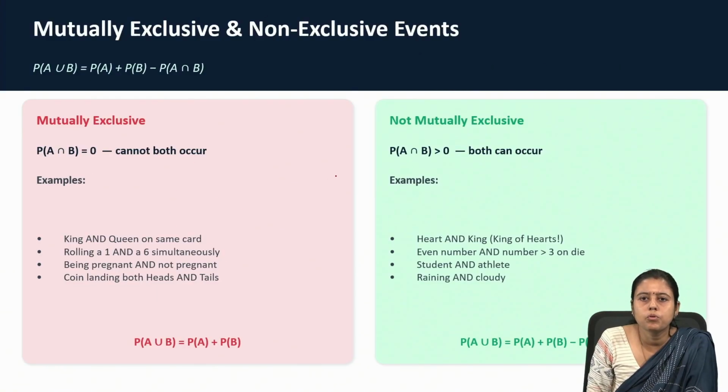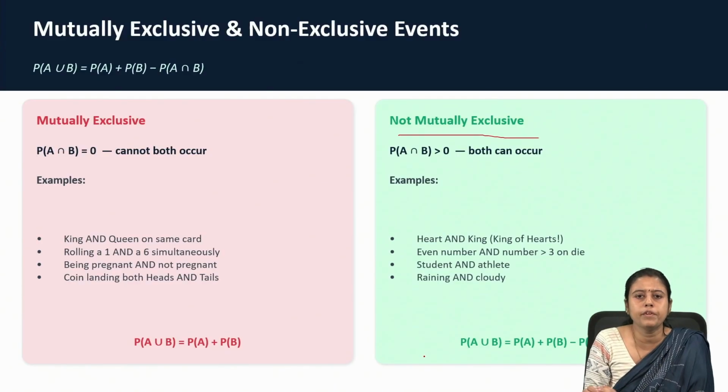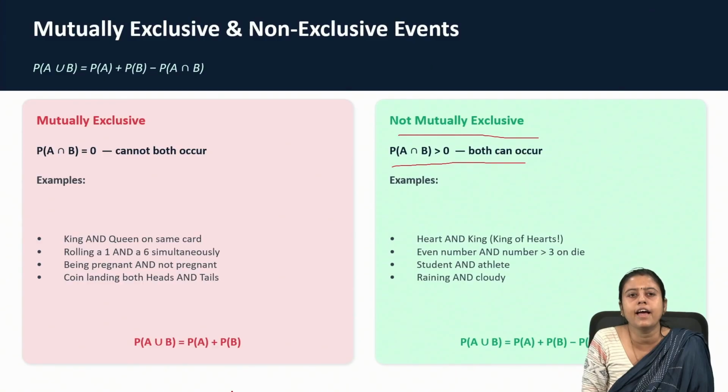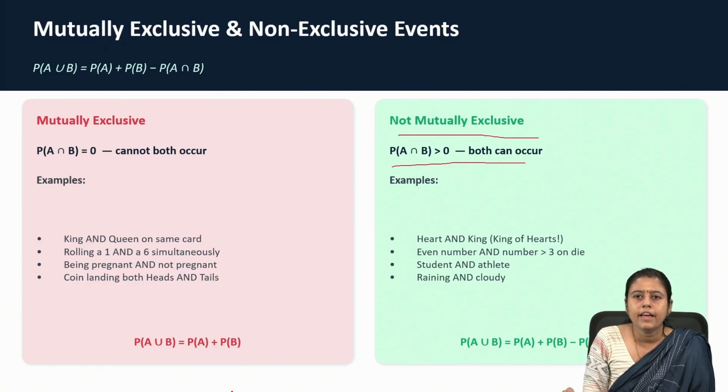What is the condition? If 2 events are not mutually exclusive, meaning one depends on the other, we can say that P(A intersection B) means both can occur, and they are not mutually exclusive.